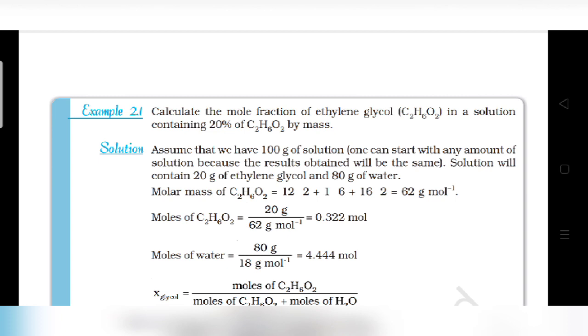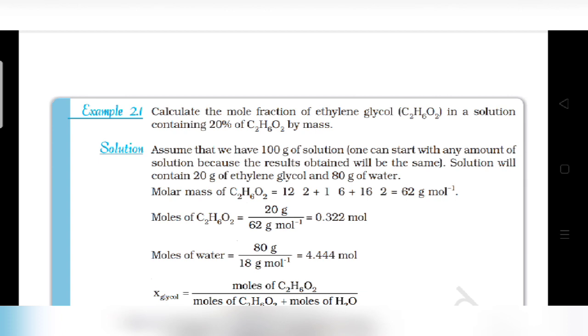Remember students, read it carefully: 20% of ethylene glycol by mass. We already discussed the concentration unit. By mass you have to find. Assume that we have 100 gram of solution. It means 20 gram of ethylene glycol and the remaining portion is water. So 20 gram of ethylene glycol and 80 gram of water.